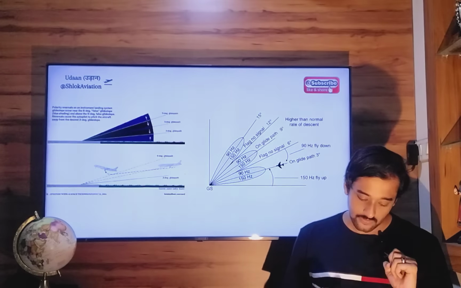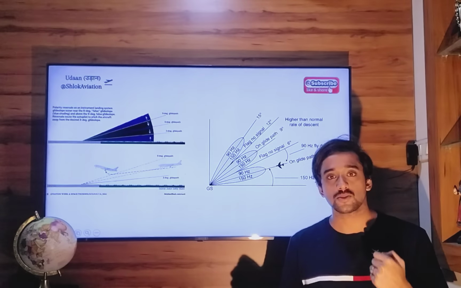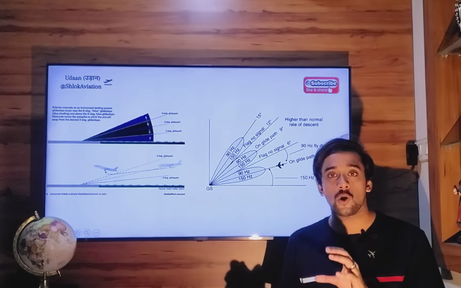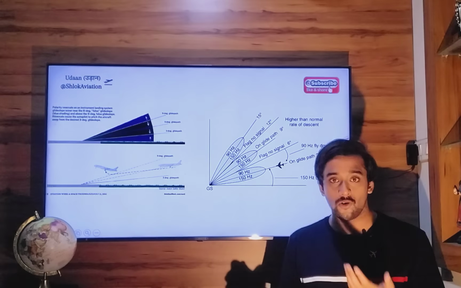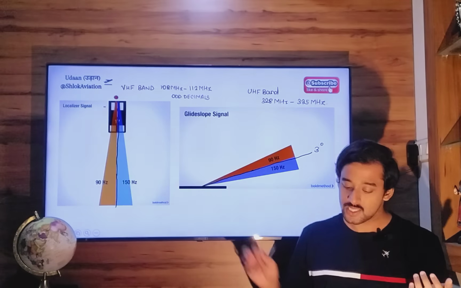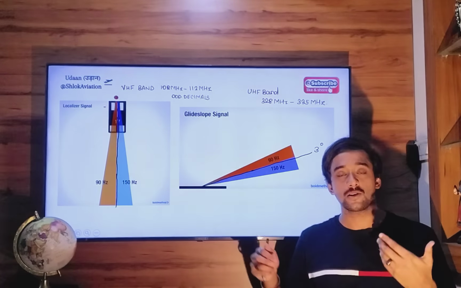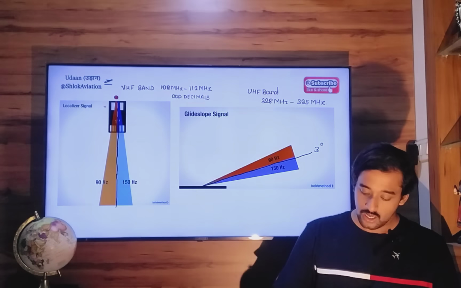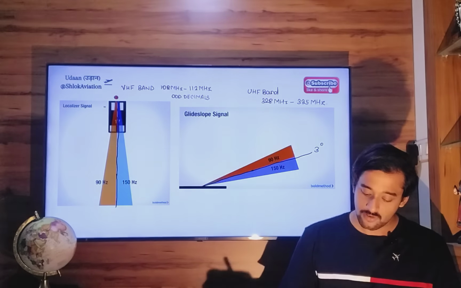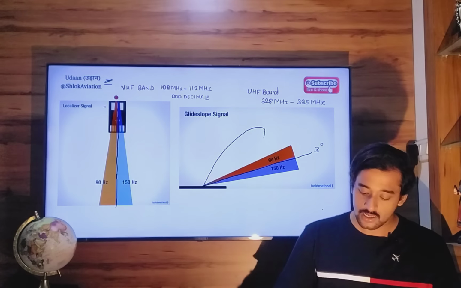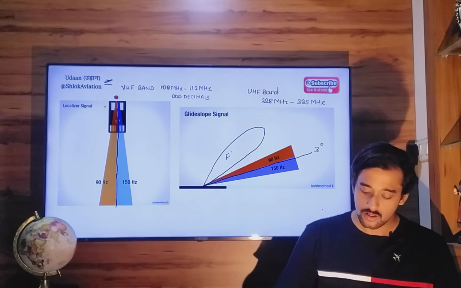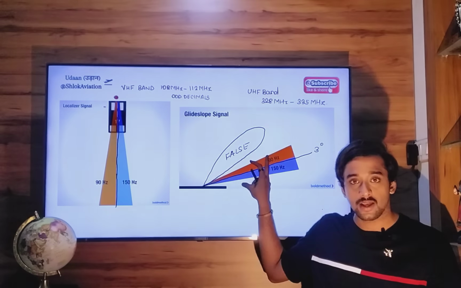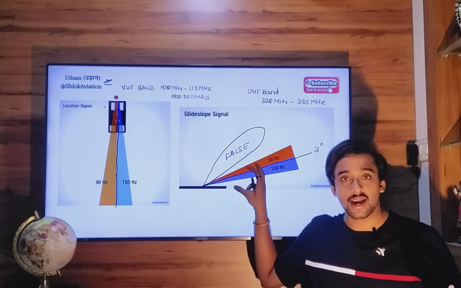Next. Now, your glide path transmitter is subject to one disadvantage. It can produce a false glide slope signal. So this is the real signal, the correct original glide slope signal.